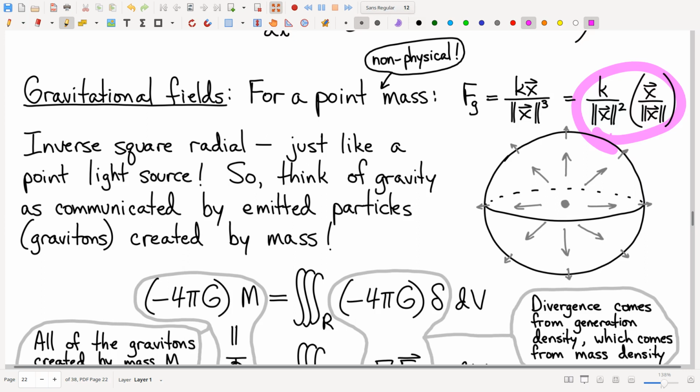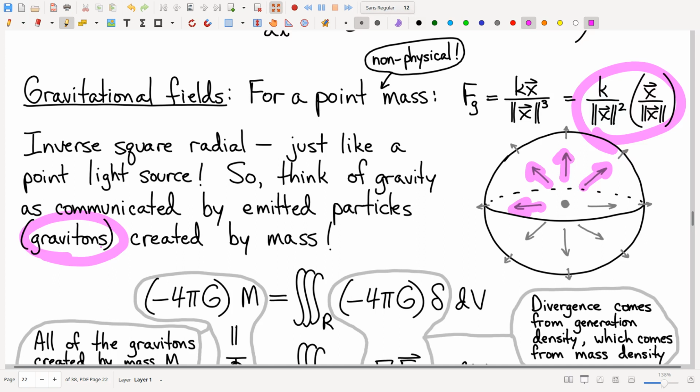Physicists like to pretend that this is actually a flow of little particles. These little particles, imaginary, possibly real. I mean, there are speculations that they might actually be real.